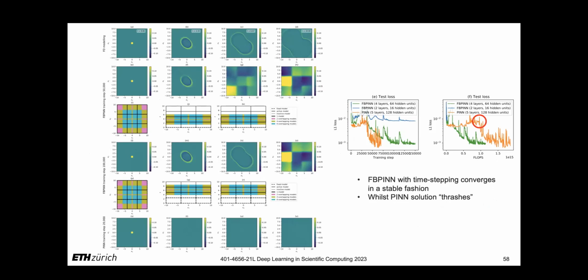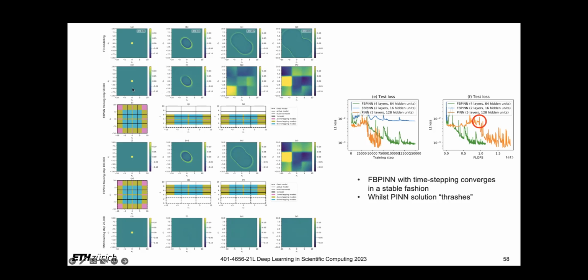We can switch some of them off and have, for example, just the subdomains at time equals 1 to 2, so the first time step. We can train those first, then fix them, and then train the next time step. We can train these domain decompositions in a time stepping fashion, more similar to what you would do when solving with a finite difference solver, for example. So that's actually how we train this.